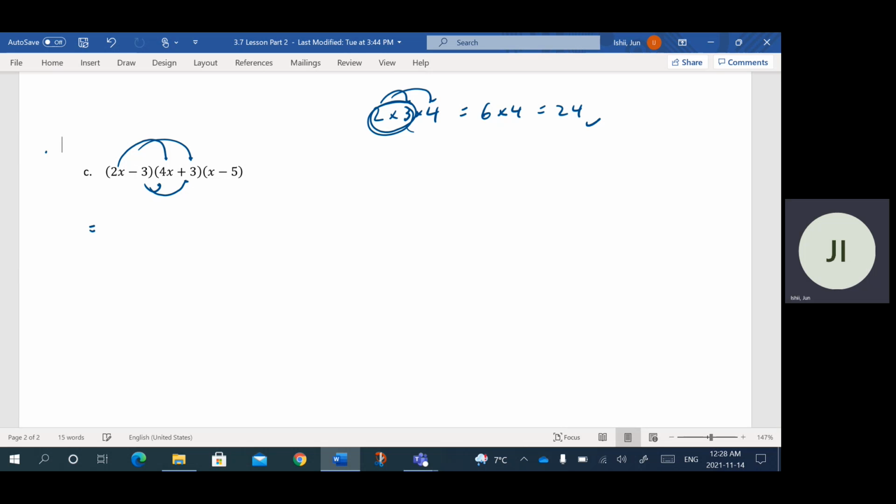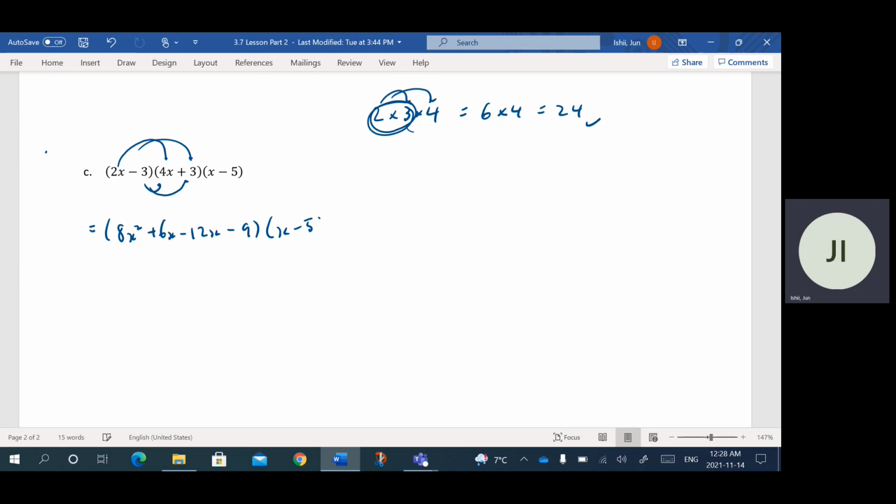So we're going to expand out the first two sets of brackets. That's 8x squared plus 6x minus 12x, the inside ones, minus 9. So that's the first two brackets multiplied together.